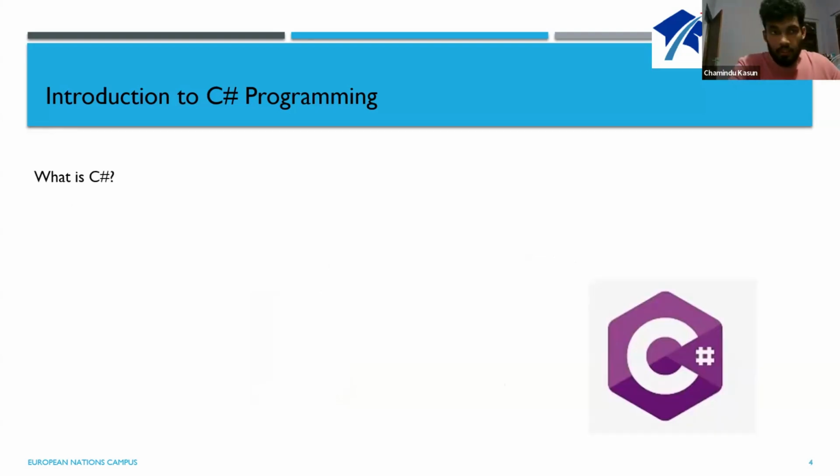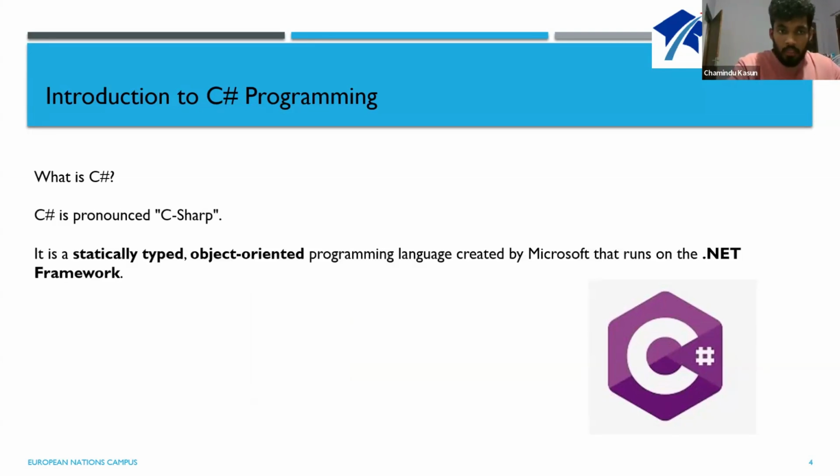One such programming language is C sharp. C sharp was developed by Microsoft, and it's pronounced as C sharp. C sharp is a statically typed, object-oriented programming language that runs on the .NET framework.